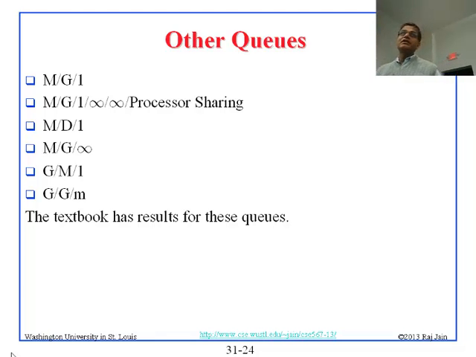That's all we need to do. In particular, GGM is interesting because GGM means any arrival, any service distribution with M servers. So all these results are there.